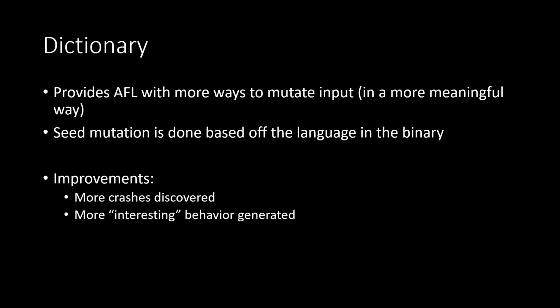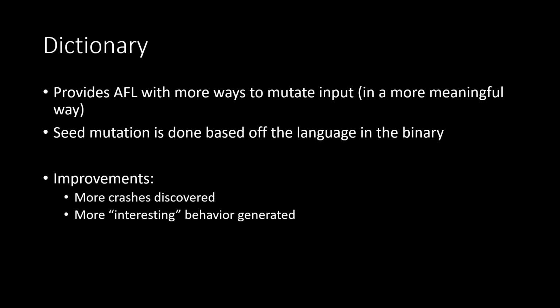I'll discuss in our results why that may have occurred. And then the other thing that we did was the dictionary. The way that we did it is we did some research on how to generate dictionaries. The way that AFL uses these dictionaries is in the input manipulation stage, the mutation stage, really.